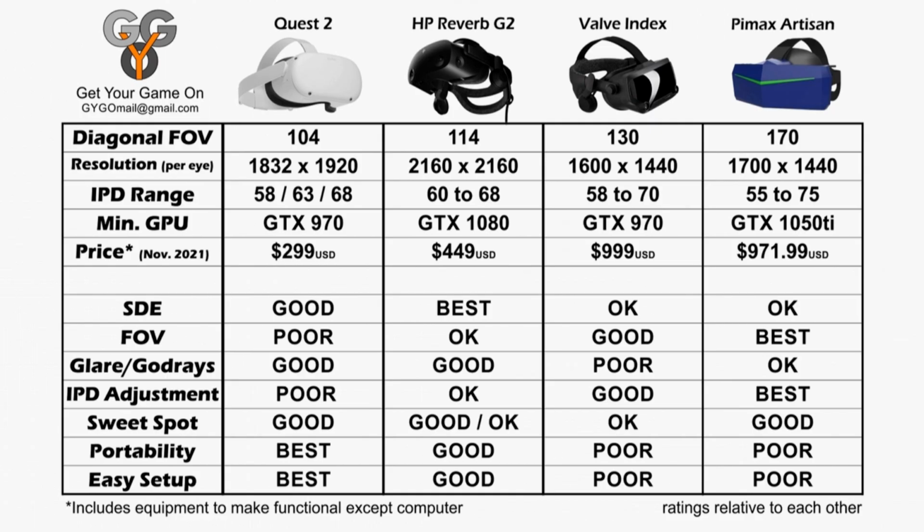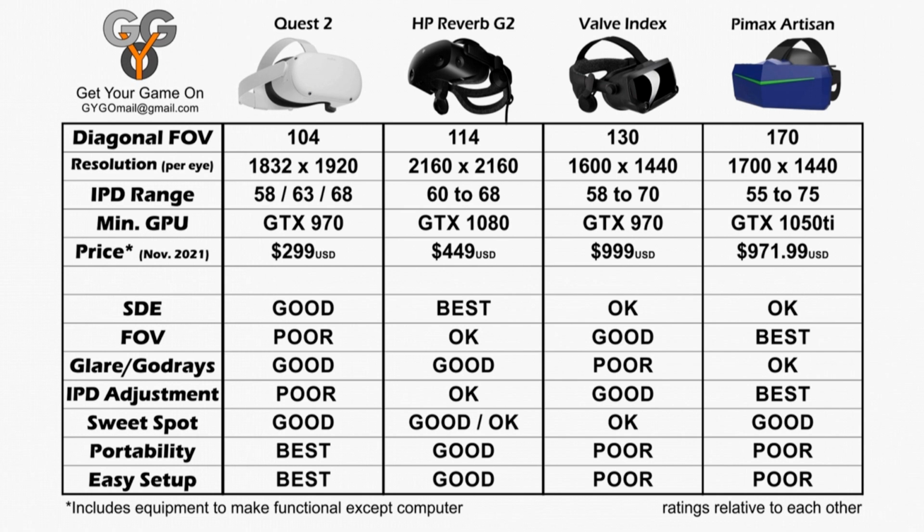So here we are, finally comparing these headsets that we just talked about side by side. I've got all the specs here listed, and one important note: everyone's experience in VR will be slightly different based on your head shape, your eye placement, your IPD. So no two people will have the exact same experience when they put on a VR headset. But this will give you a relative comparison to each of the headsets.